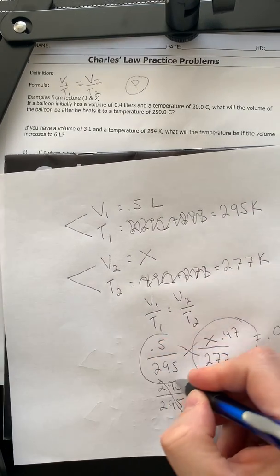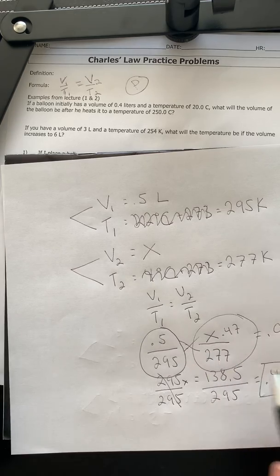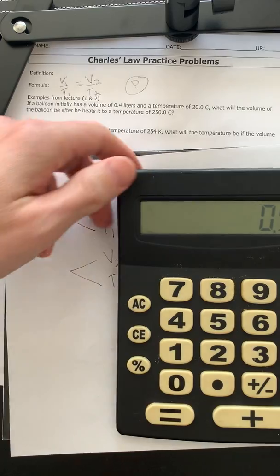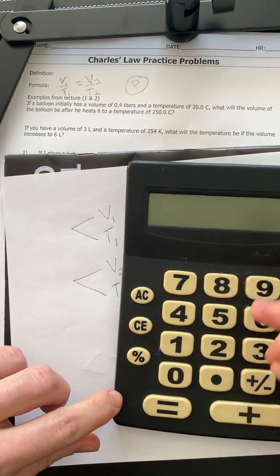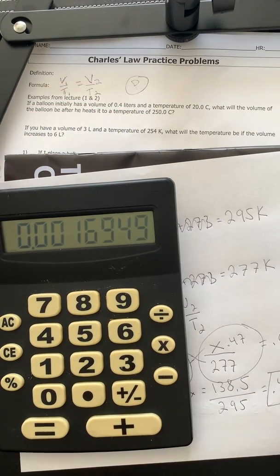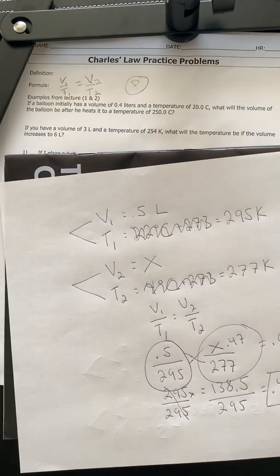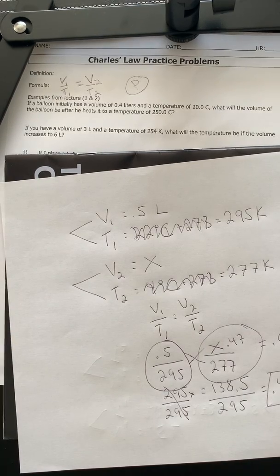So if I divide this, I should get the same thing because these ratios are proportional, right? So I go clear 0.5 divided by 295, and I got 0.00169. Cool. Everything looks legit. I'm happy with that. I feel like I did things good. I can move on, and I know I did that problem right.